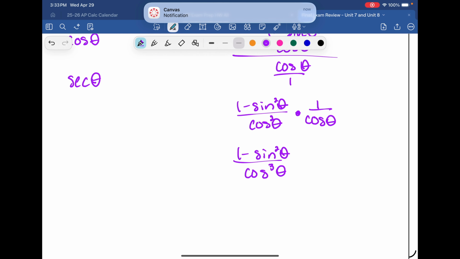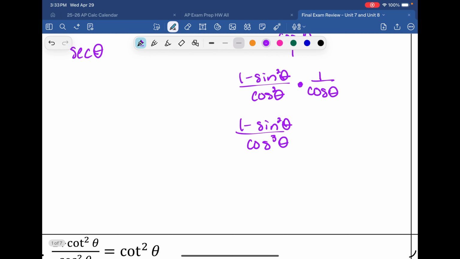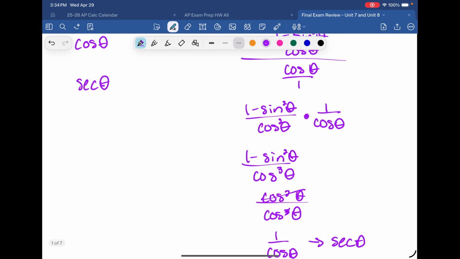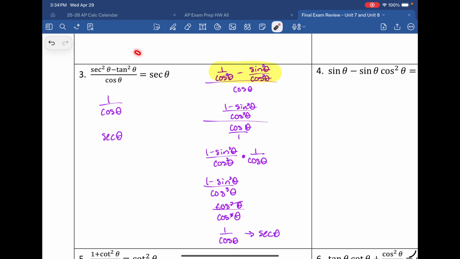So that would make cosine squared times cosine, cosine cubed. 1 minus sine squared is cosine squared. So that's going to cancel, and that's going to leave me 1 over cosine, which is secant. So knowing your Pythagorean identities definitely comes in handy.